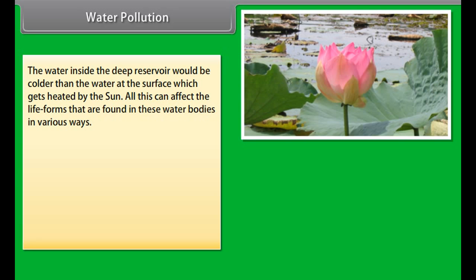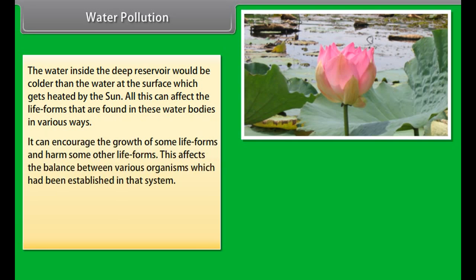The water inside the deep reservoir would be colder than the water at the surface, which gets heated by the sun. All this can affect the life forms that are found in these water bodies in various ways. It can encourage the growth of some life forms and harm some other life forms. This affects the balance between various organisms which had been established in that system.